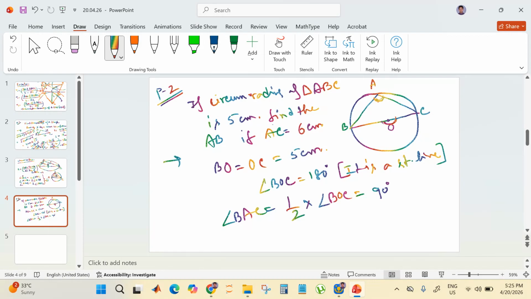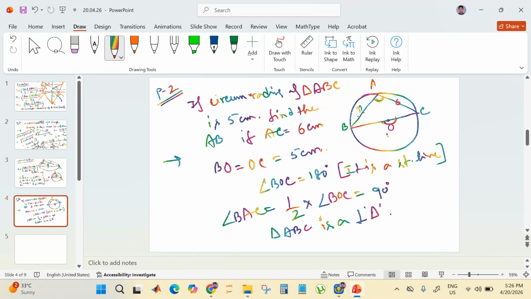That is 90 degree, half of 180 degree, because this angle is twice this one. So if it is 90 degree, then triangle ABC is a right angle triangle. That means we can use the Pythagoras theorem, and we already know BC and AC. You have to find AB. We know BC is 10 and we know AC as 6.